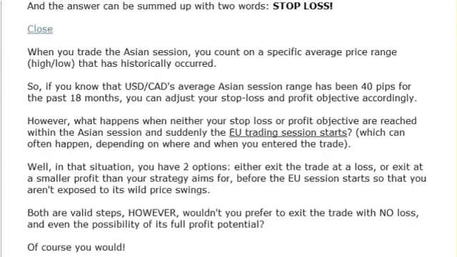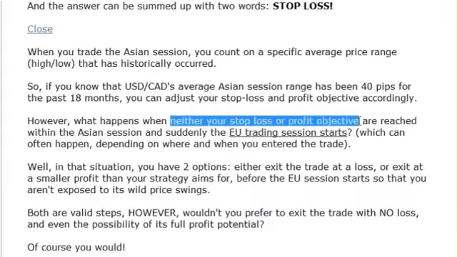However, and this is a big however, what happens when neither your stop loss or profit objective are reached within the Asian session? Suddenly, the EU trading session starts. And this can happen depending on where and when you enter the trade.